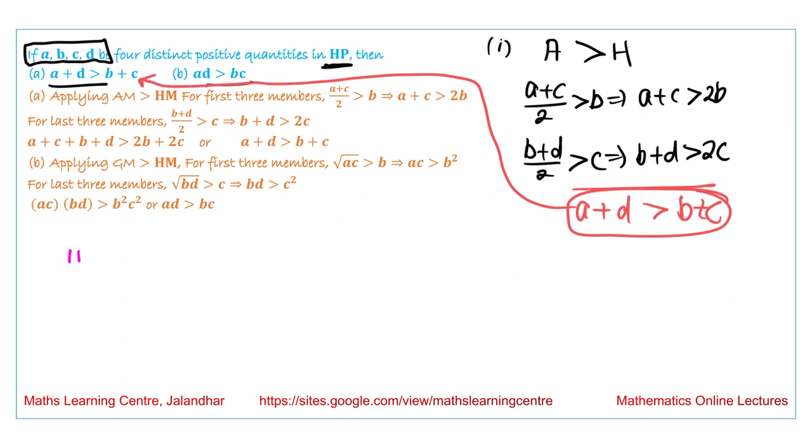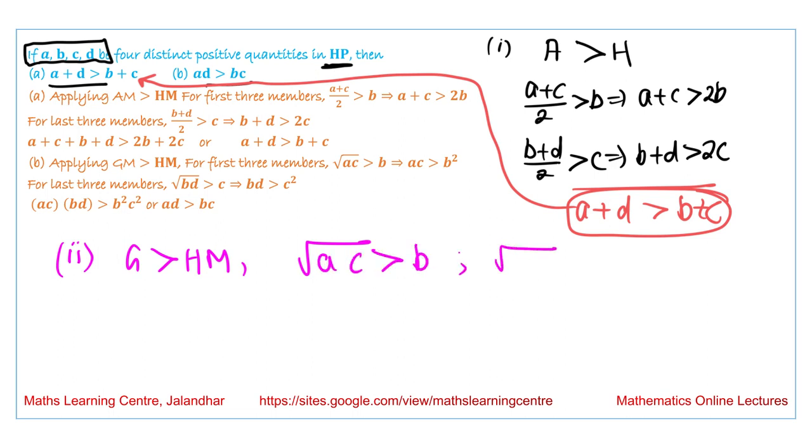For the second part, we are considering that the geometric mean is greater than the harmonic mean. So we get square root of AC is greater than B and square root of BD is greater than C. The first one implies AC is greater than B square. The second implies BD is greater than C square.